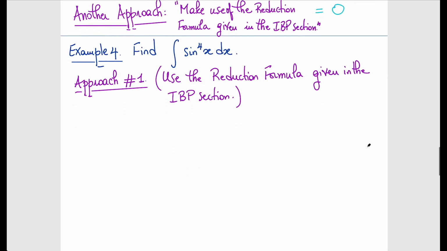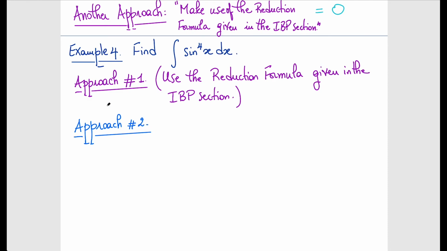And approach number 2. So approach number 2, complete this on your own, okay? But again, if you're stuck at any stage, consult with me, and I'll be very happy to help you. So approach number 2.